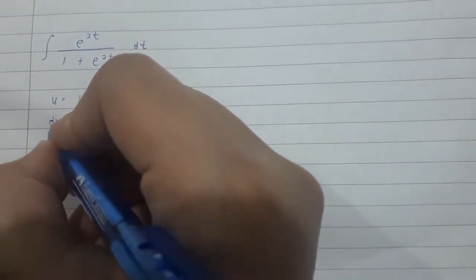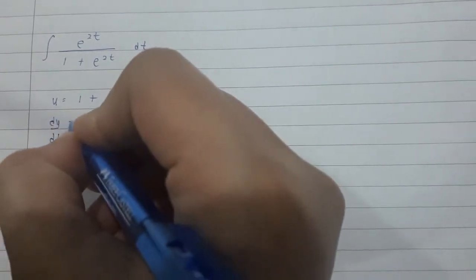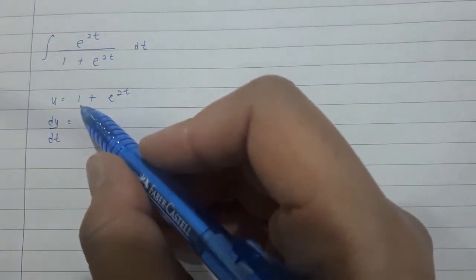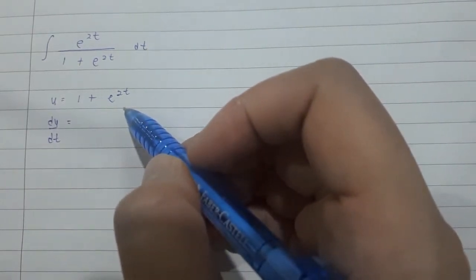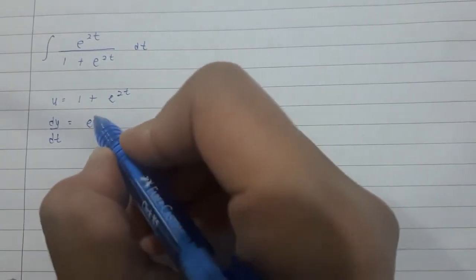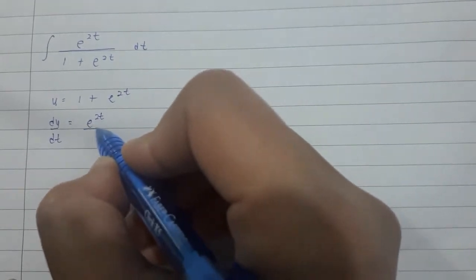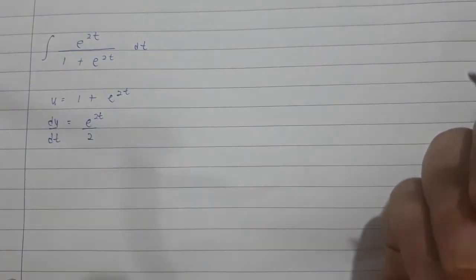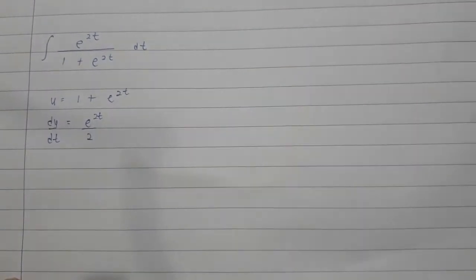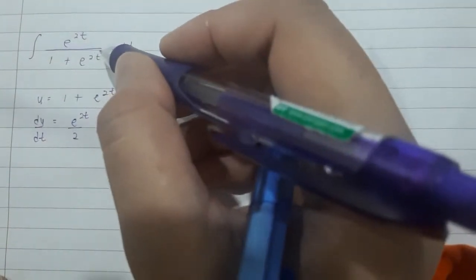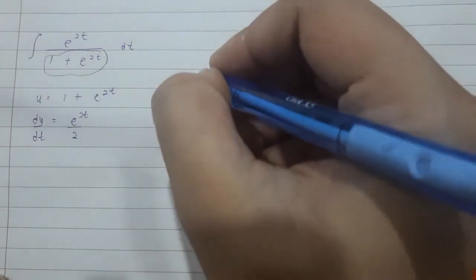Differentiate u in terms of t, we get du over dt equals differentiate 1, 0. Differentiate e to the t, we get e to the t over 2. And then let's substitute. First, I want to start from 1 plus e to the t.